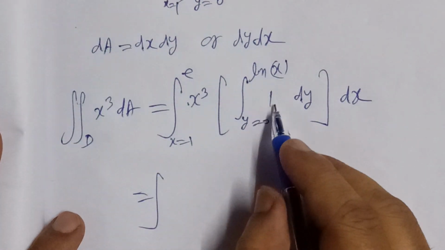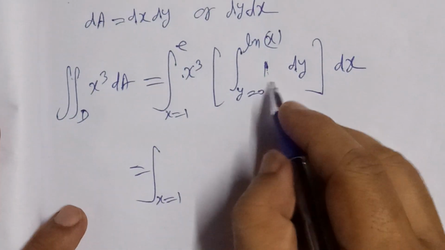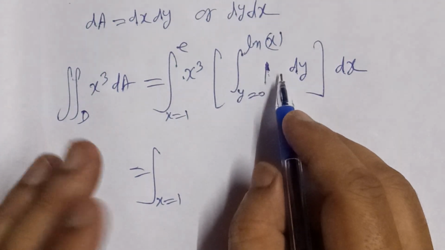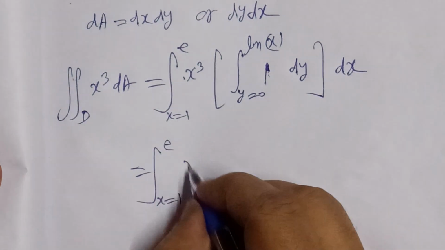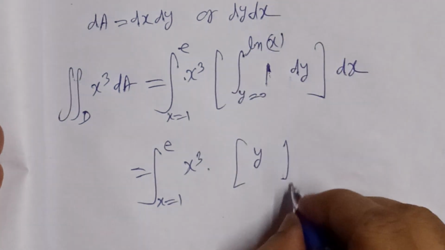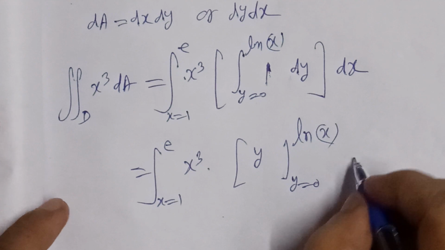The integration of 1 with respect to y is y, so I write only y. The limit given is y equal to 0 to natural logarithm of x.